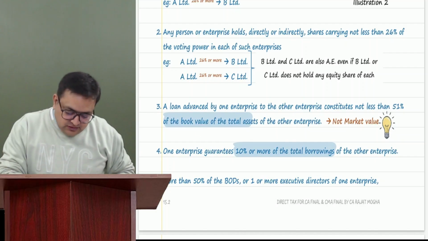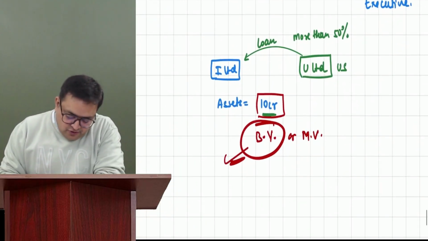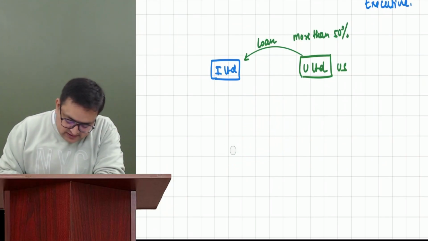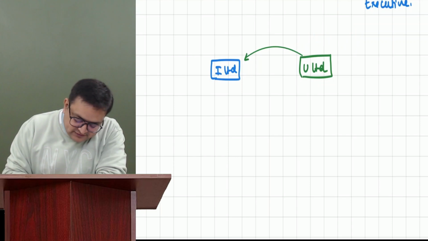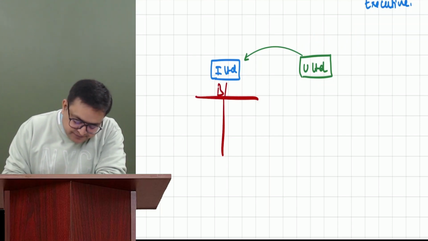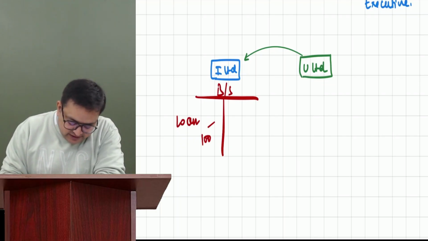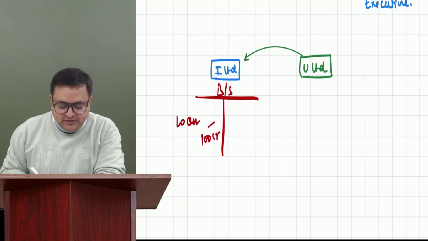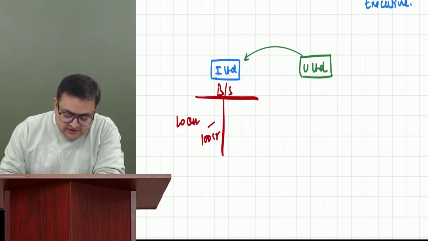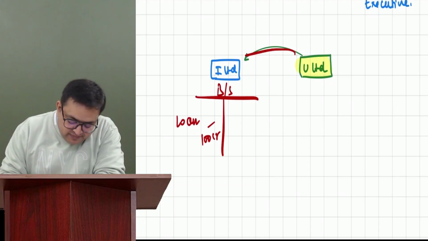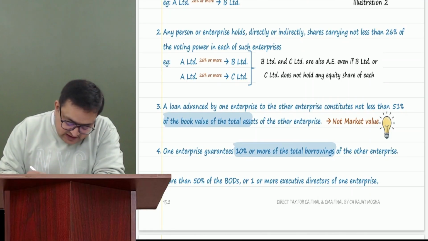Now, let's say I Limited has borrowed money. Let's say, for example, they have some loans in their balance sheet, loans and borrowings of 100 crores. And guys, U Limited has guaranteed at least 10%.